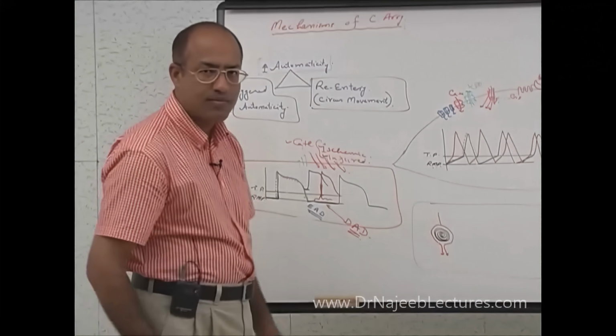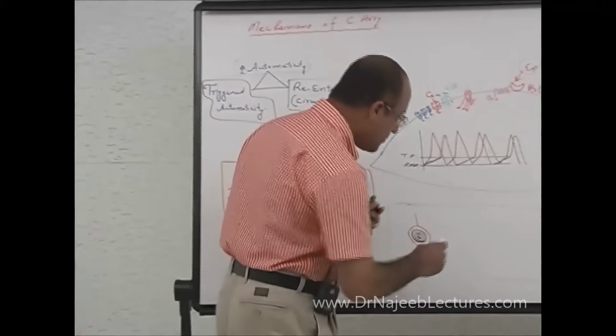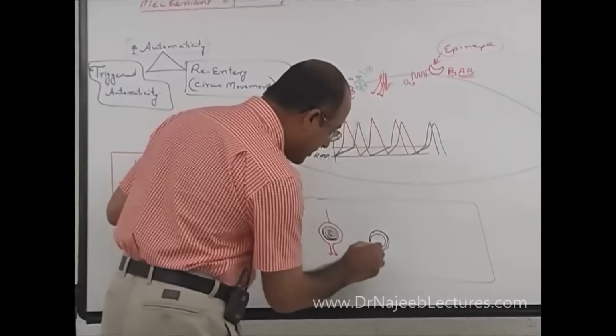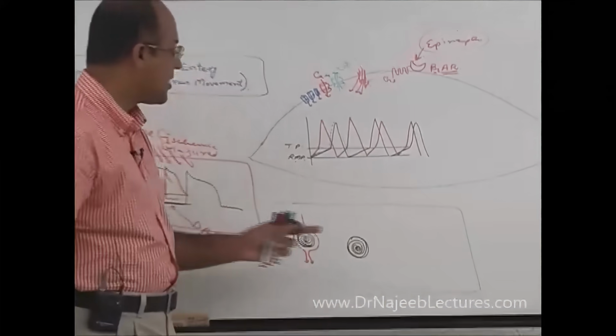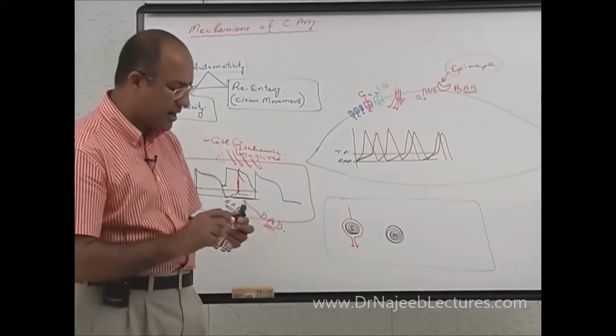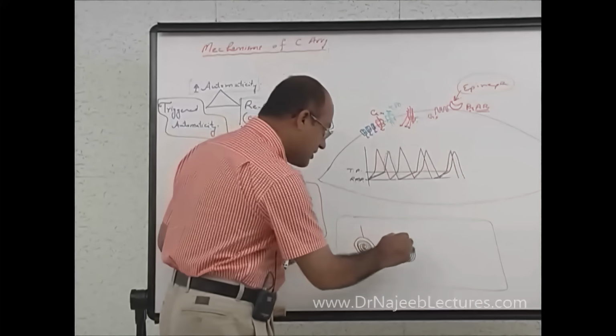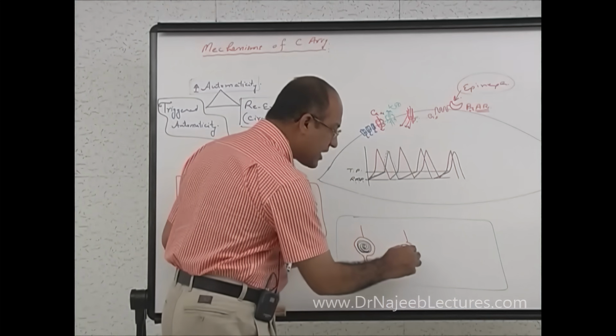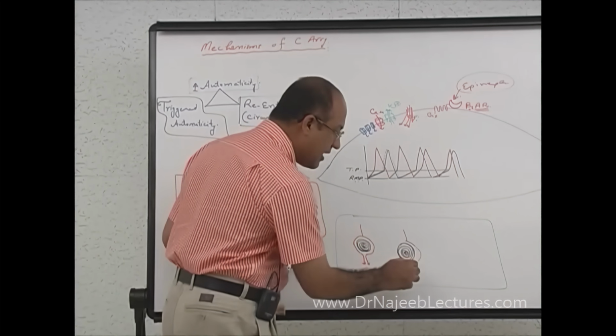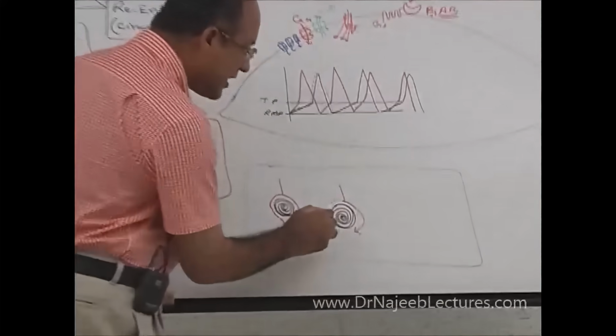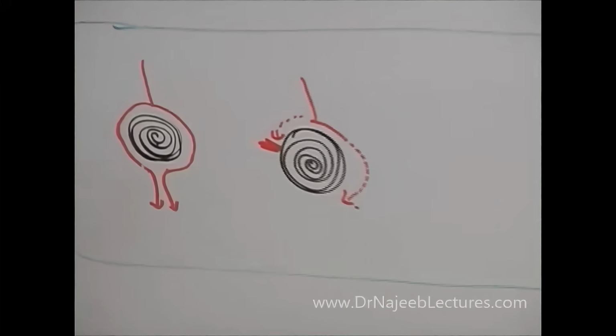Now, suppose we take another example. This is another area in the heart having a scar, and electrical current comes to this area. On one side it moves well, and on the other side it cannot move, there is a block.